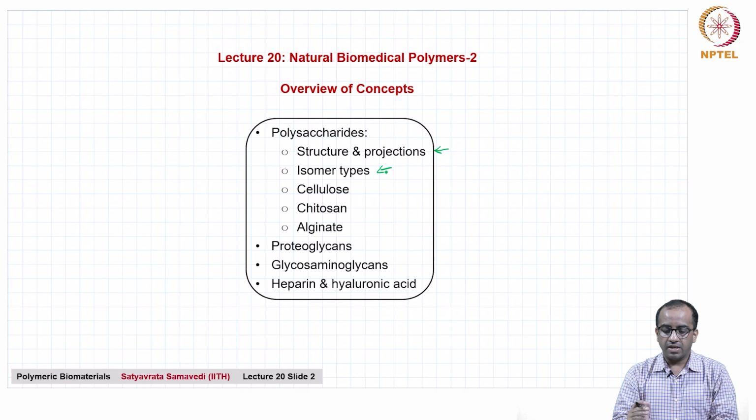And then we will take three very important polysaccharides that are widely used, cellulose, chitosan and alginate. And as always, our goal here is to look at structure property relationships and how that affects function and performance.